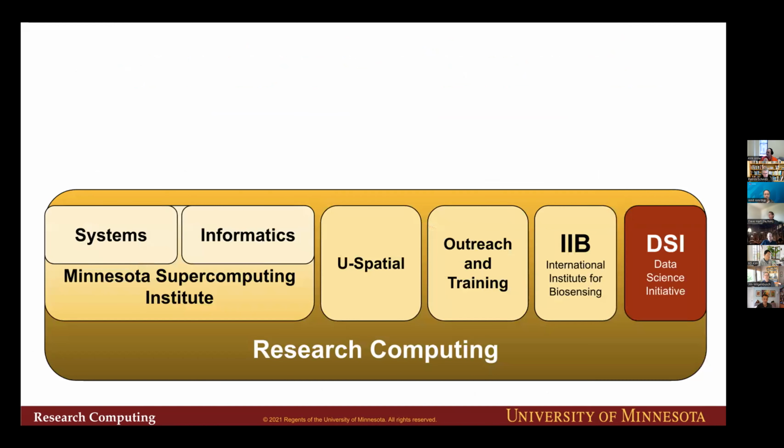How do we divide things up? So what I have here is just a general schematic of the groups that reside in research computing. I think what this belies, though, is that we're really more tightly integrated with various functions, various groups at the university as well.